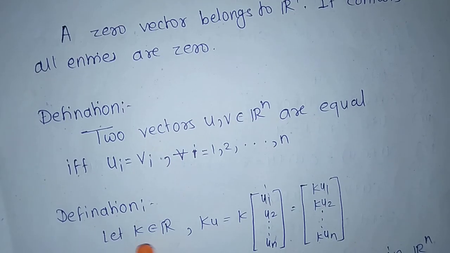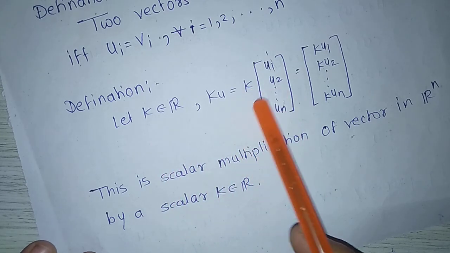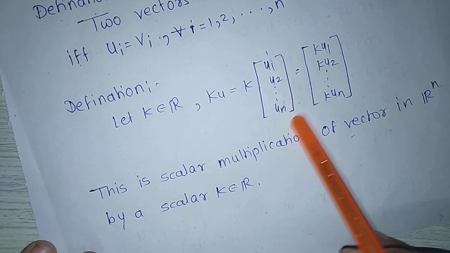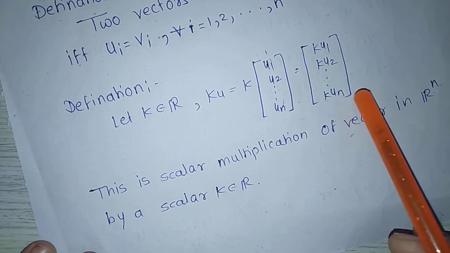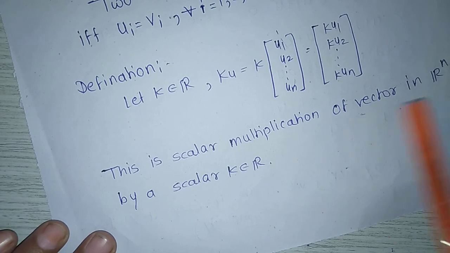Next definition, let k belongs to R, k into u equal to k into the column matrix of u1, u2 and so on un, equal to ku1, ku2 and so on kun. This is scalar multiplication of vectors in Rn by a scalar k belongs to R.